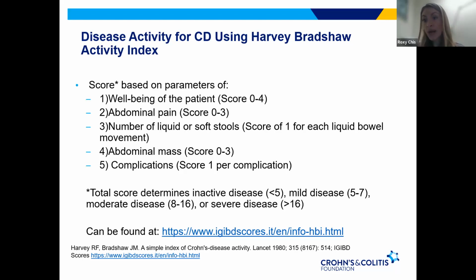So generally how well they feel compared to their normal baseline when Crohn's isn't active. Abdominal pain, again, diarrhea. And then abdominal mass is reflective of an abscess or a stricture. And then complications, so strictures, fistulas, perianal disease. So all of that gets taken into account to assess disease activity.